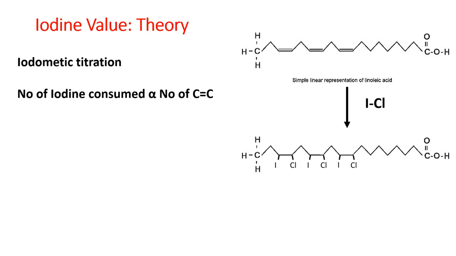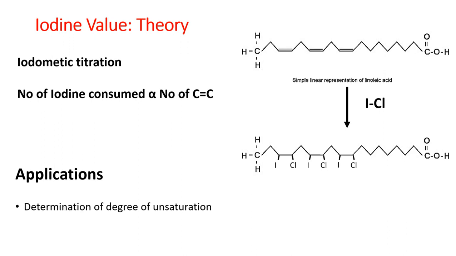Now, why are we doing this practical, or what are the applications of this practical? The iodine value is used for determination of the degree of unsaturation in an acid or in an oil.